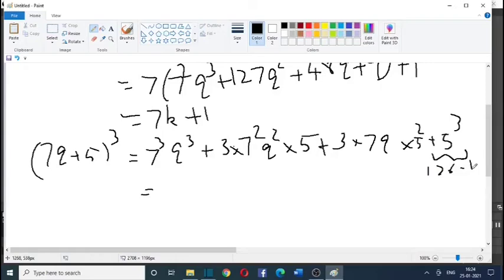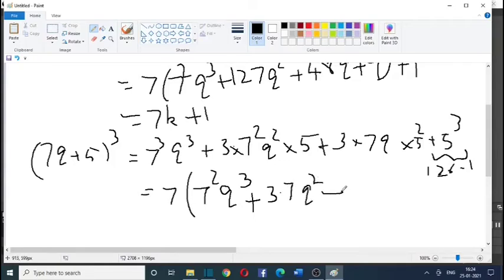126 minus 1. So this is 7 into 7 square q cube plus 3 into 7 q square into 5, so this is 15, plus 3 into 7q into 3 into 5 square, 25 into 75 q, plus 126 is 18 into 7.